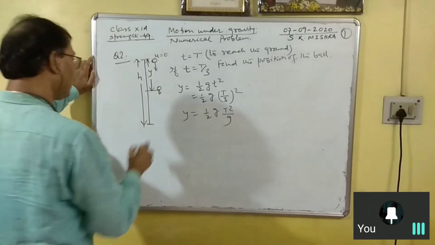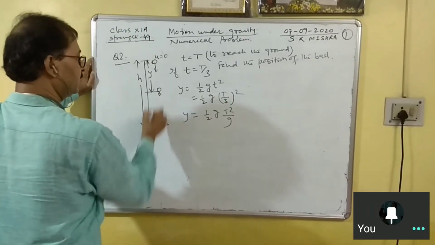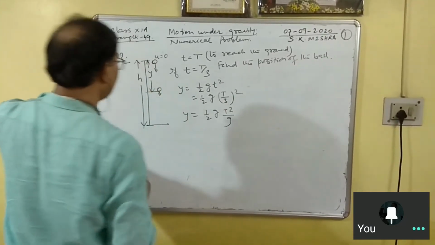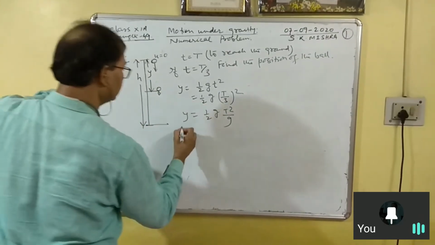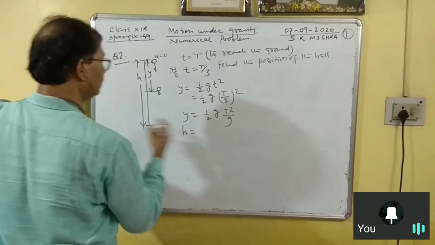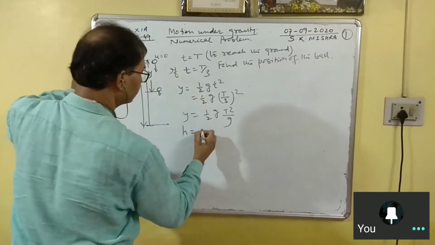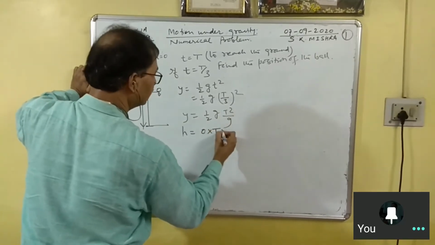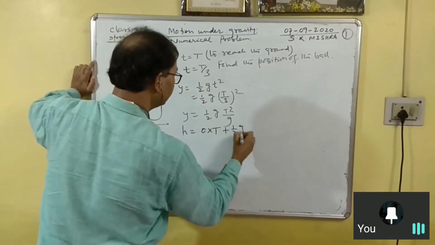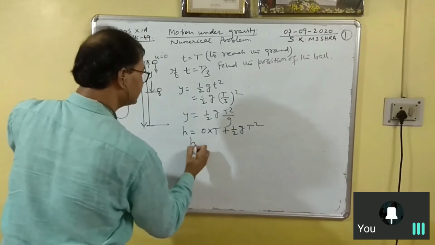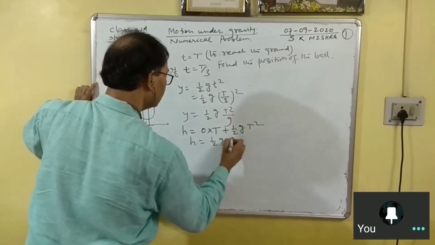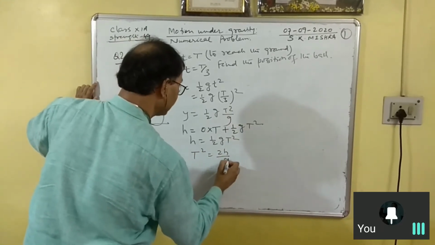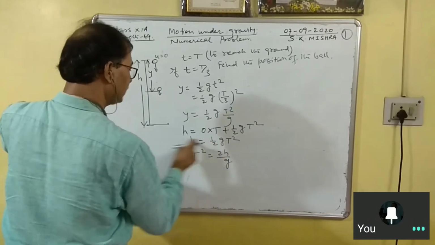Now, if you want to find the position of the ball from the ground, you can replace t. How will you replace t? The second equation is h is equal to ut plus half g t square, where u is 0 and the total time taken by the ball to reach the ground is capital T. So h is equal to half g T square, and from here T square is 2h by g.